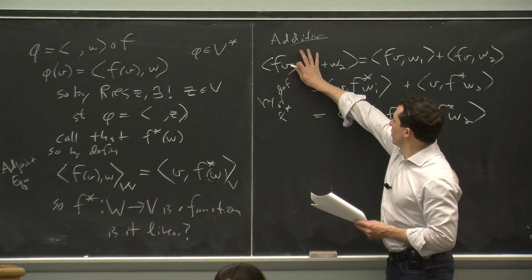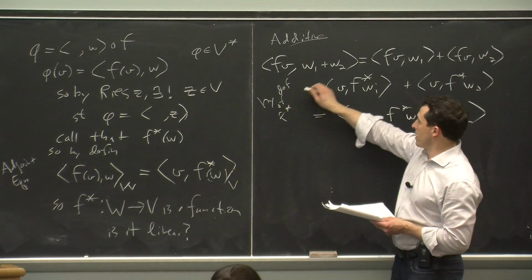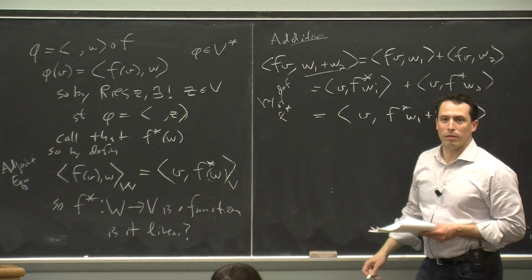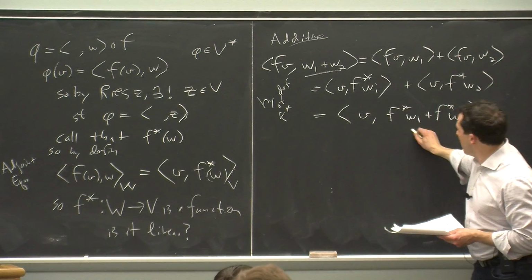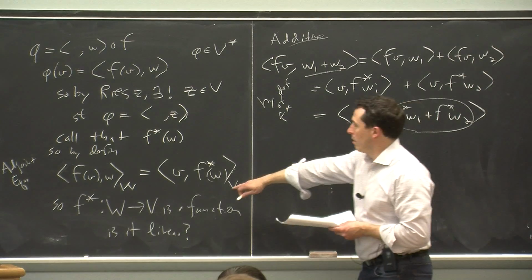That is, what we see here, this equals that, is a version of this adjoint equation with the input w1 plus w2, right? It says this vector here, whatever it is, solves the adjoint equation.